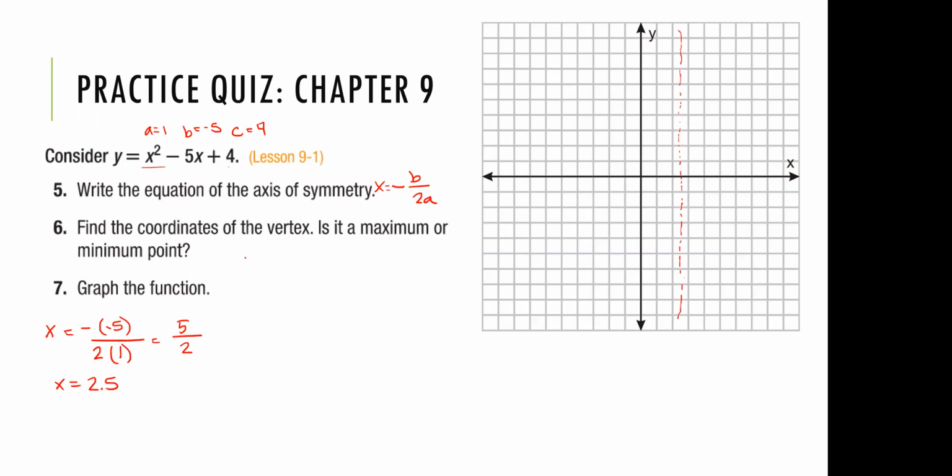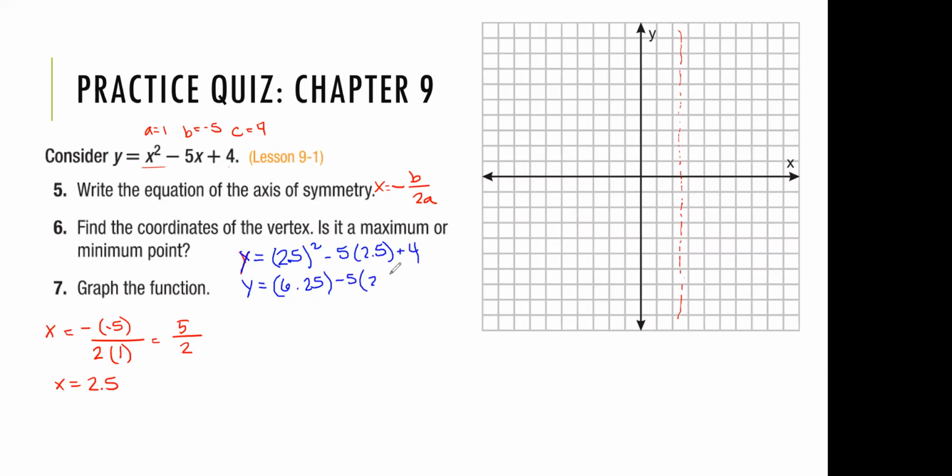So we have y, maybe a different color. y is equal to 2.5 squared, and I'm just using the original equation and plugging in 2.5 for x, minus 5x plus 4, okay? So if I square, use order of operations, you have to do exponents first. So 2.5 squared is 6.25.